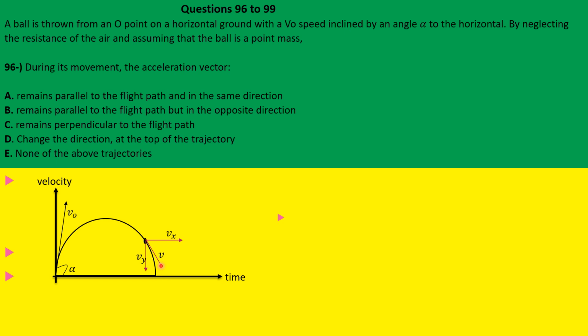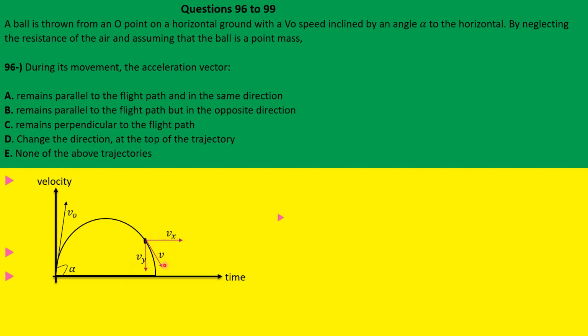Now, I need you to know that Vy and Vx are neither perpendicular nor parallel to V, right? But we know that Vy and the acceleration acting on this particle, which is basically acceleration due to gravity, right? Because that's what a projectile is. A projectile is any particle that's given an initial impulse and then allowed to move under the influence of gravity alone.